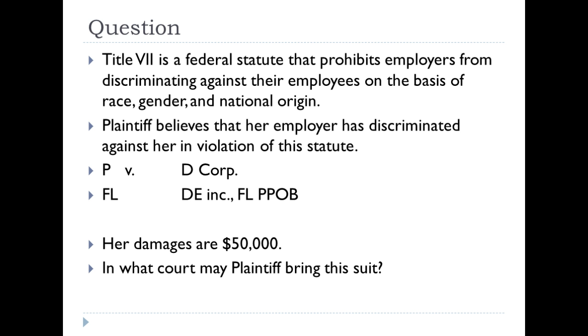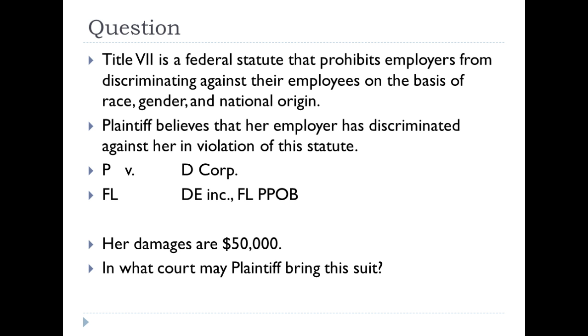So here's a question for you. Title VII is a federal statute that prohibits employers from discriminating against their employees on the basis of race, gender, and national origin. Let's say that plaintiff believes her employer has discriminated against her in violation of this statute. The setup of the lawsuit in terms of the parties would be plaintiff versus defendant corporation.